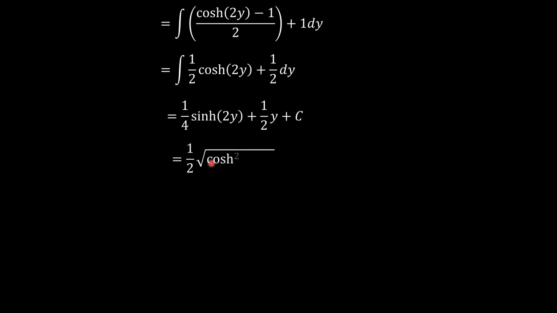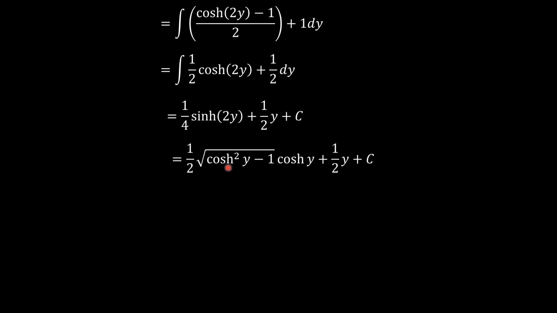And we could say, okay, the hyperbolic sine 2y is the same as 2 hyperbolic sine y hyperbolic cosine y, and hyperbolic sine y is the same as square root of hyperbolic cosine squared y minus 1.